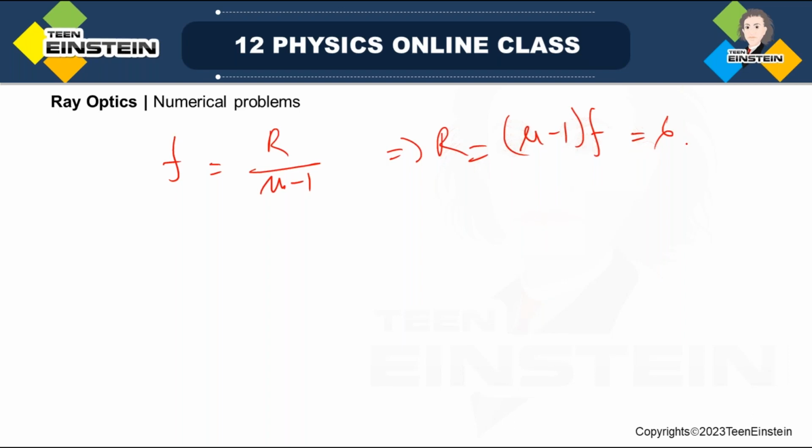The refractive index was given as 3 by 2.